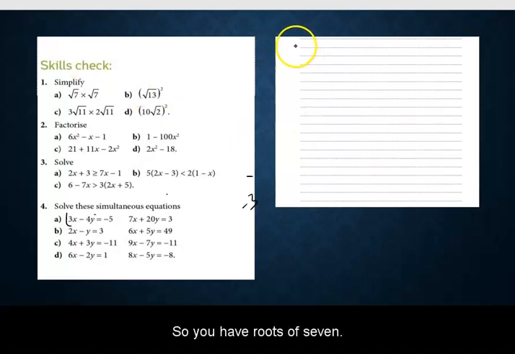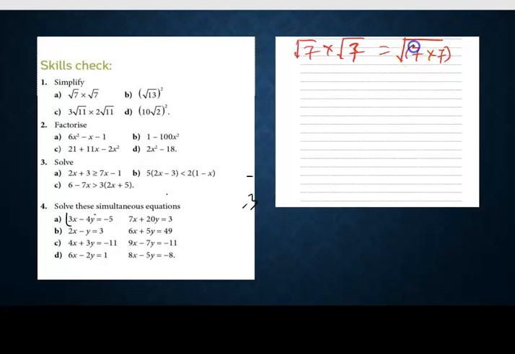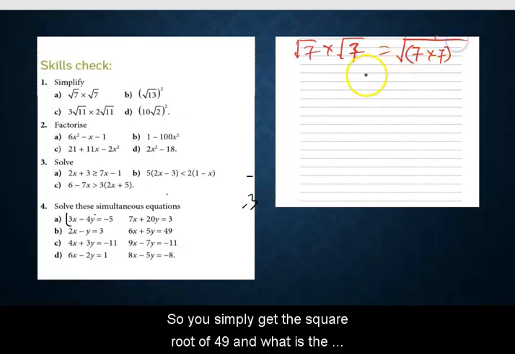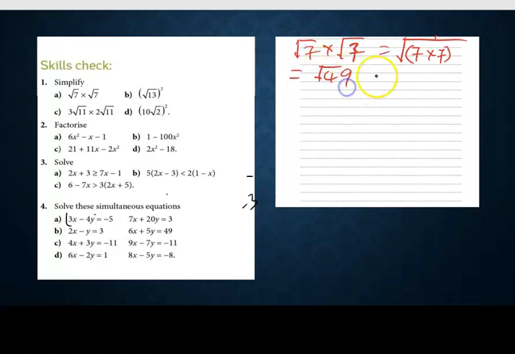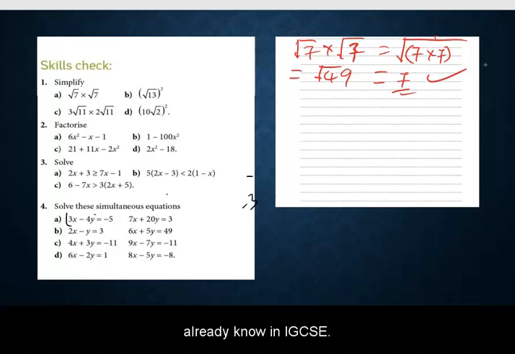So you have root of 7 multiplied by root of 7. This is nothing but root of 7 times 7, so you simply get the square root of 49. And what is the square root of 49? 7. Good.